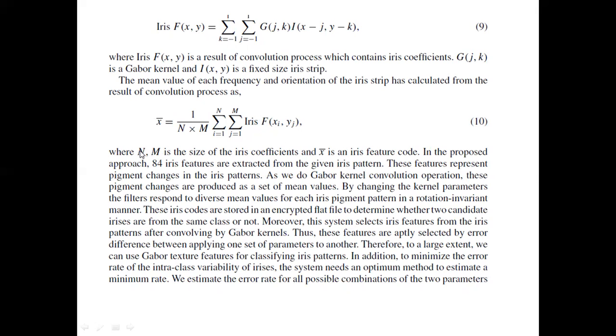So here n and m are the size of the iris coefficients, and x bar is an iris feature code, and the proposed approach has 84 iris features in the pattern. So this is for iris feature extraction.